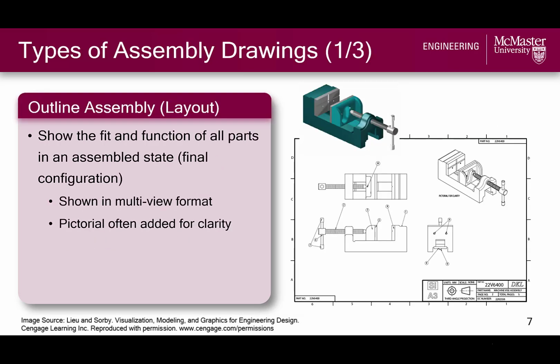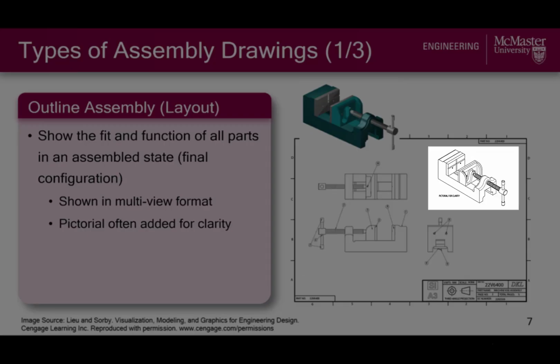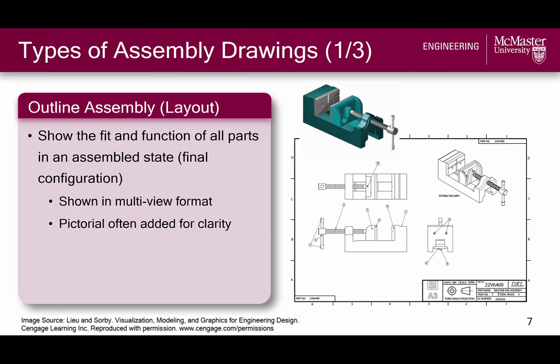This outline or layout assembly drawing is likely most familiar to you based on the previous engineering drawings that we've looked at. As seen for this vise assembly, the outline assembly drawing shows the device in a fully assembled state and in multi-view format, as we've seen before, with the optional isometric view for clarity as well. The outline assembly serves to show the fit and the function of all the parts in their final configuration.